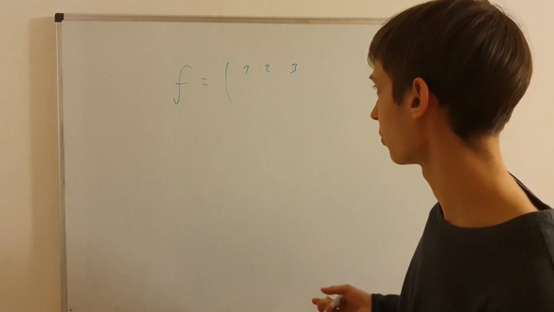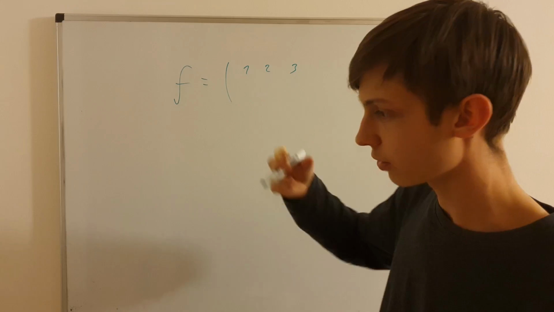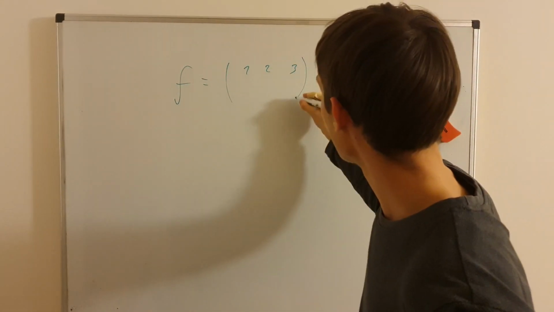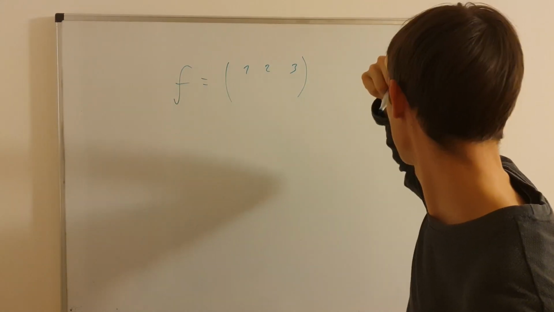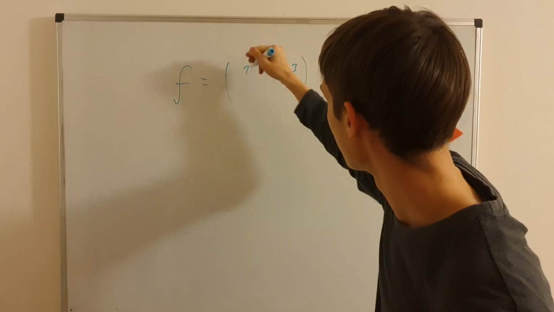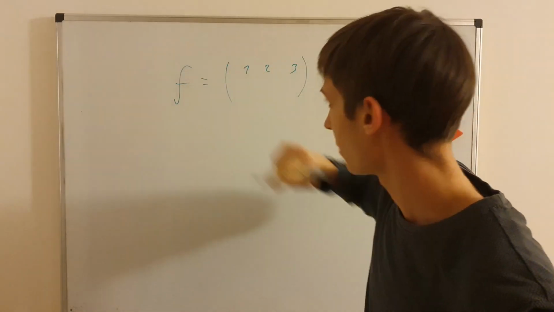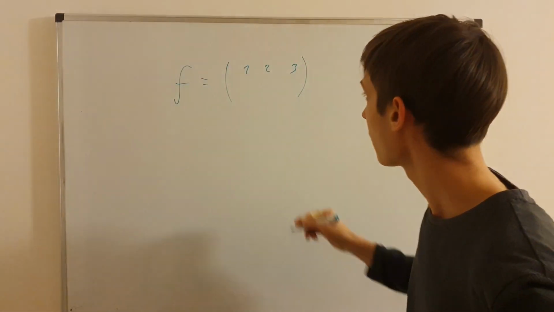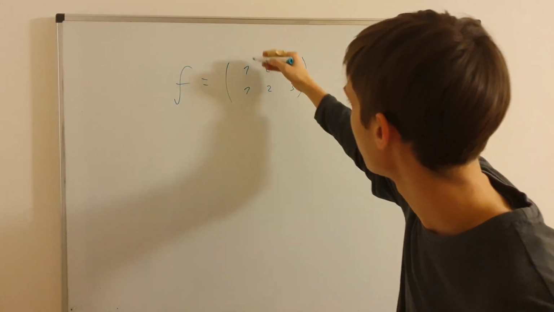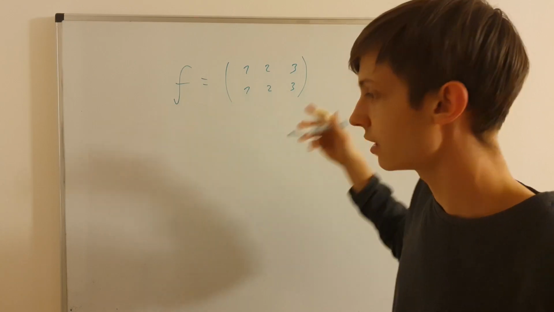So I have these three numbers, 1, 2, 3, the input set, and this must be a bijective function as I said before. Let's say the first option is that 1, 2, 3 are linked exactly the same way, which is basically the identity function.